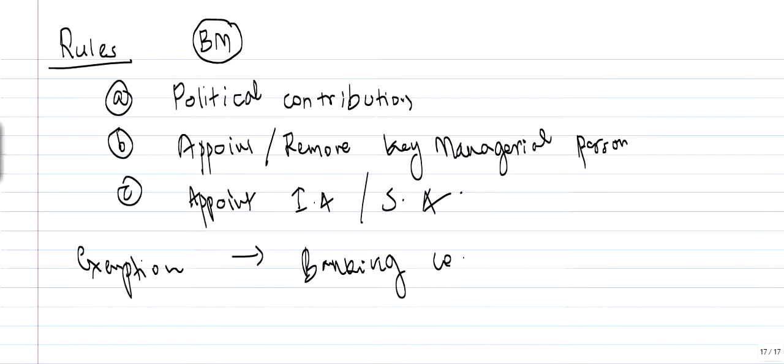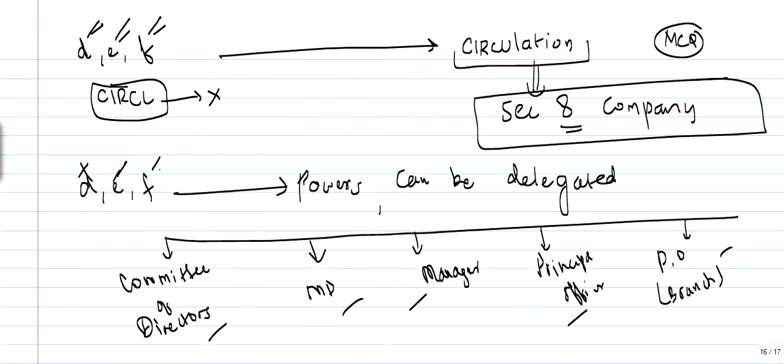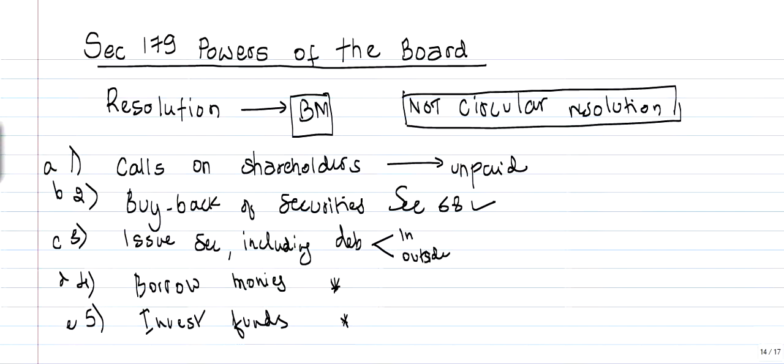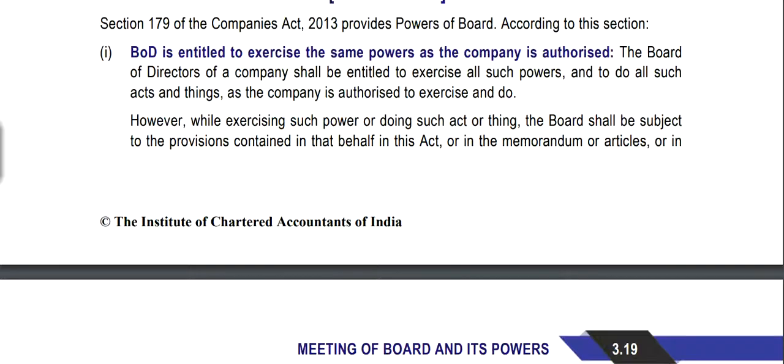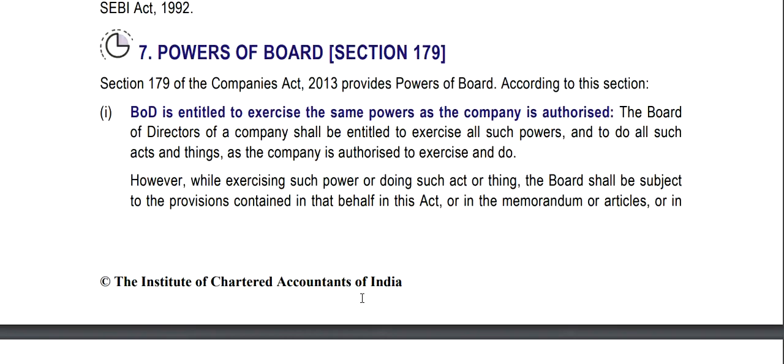And we saw that the rules also prescribe more powers to the board of directors, and the exemption also. These are covered under Section 179. It is very important from the examination point of view also. So these are the study material.